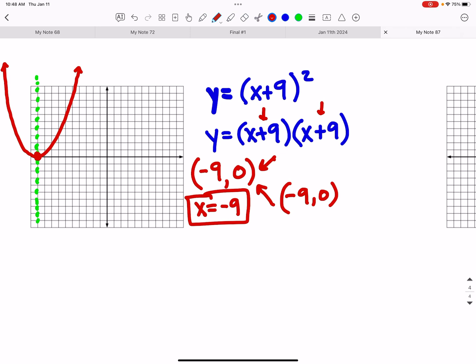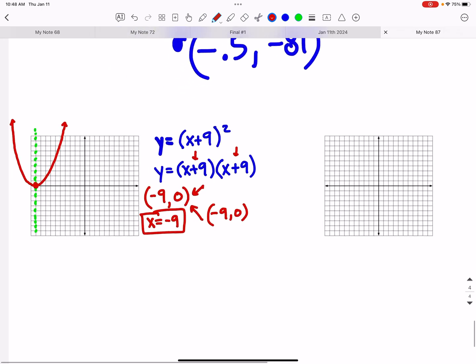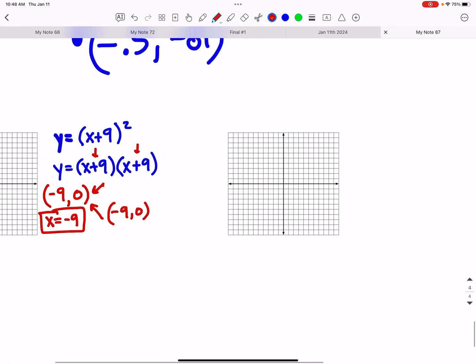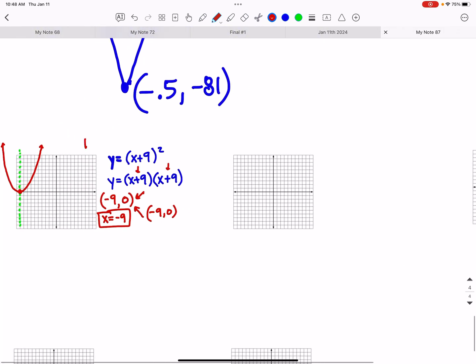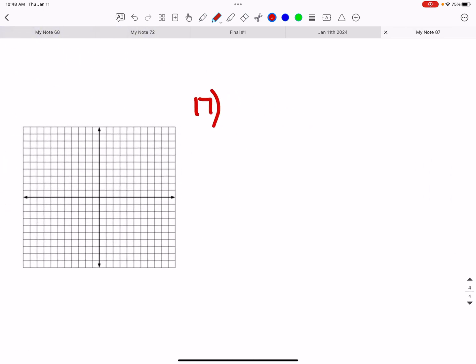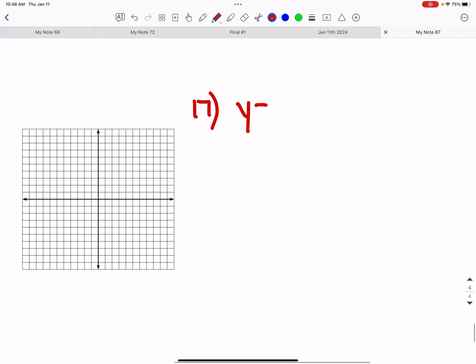Okay, next one. Let's see, what number was that, 15? So let's do 17. Y equals -1/5 x minus 10 squared.